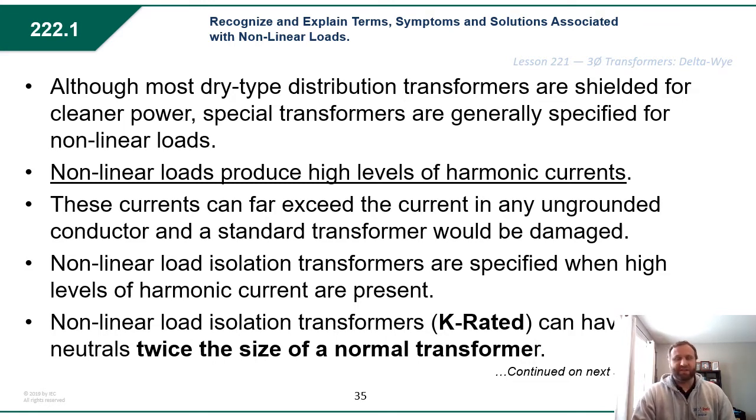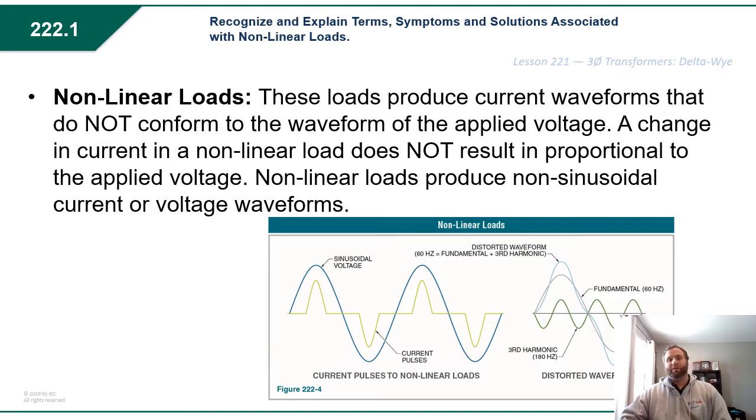Now, these nonlinear loads create high levels of harmonic currents, and these harmonic currents can actually have an effect on the neutral, which is why a nonlinear load isolation transformer or a K-rated transformer can have neutrals twice the size of a normal transformer to be able to withstand that kind of ampacity. Again, these nonlinear loads produce current waveforms that do not conform to the waveform of the applied voltage.